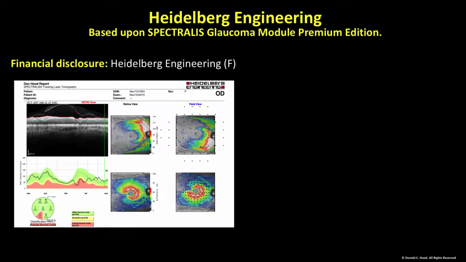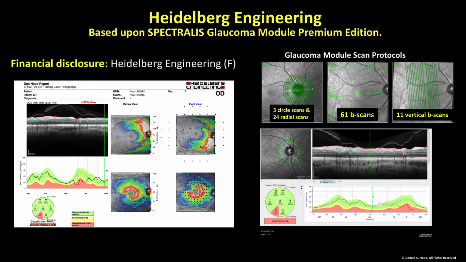All right, next, suppose you own the Heidelberg SPECTRALIS machine. And again, financial disclosure, I have a relationship with Heidelberg as well that involves equipment and a small grant. All right, now, what we're making use of in the Heidelberg is the glaucoma module scan protocols.